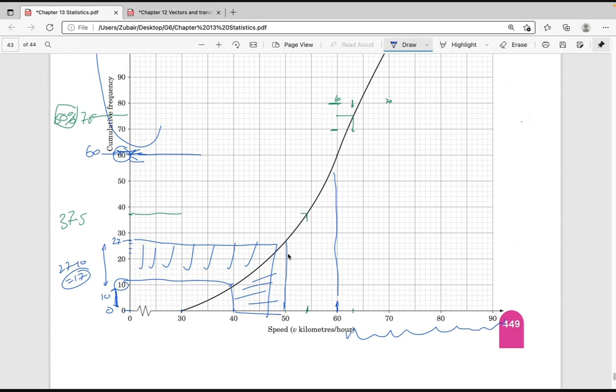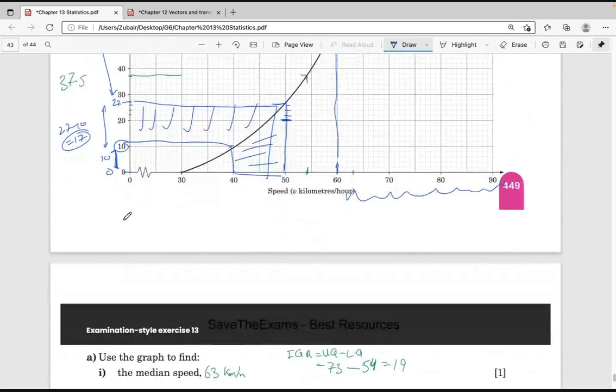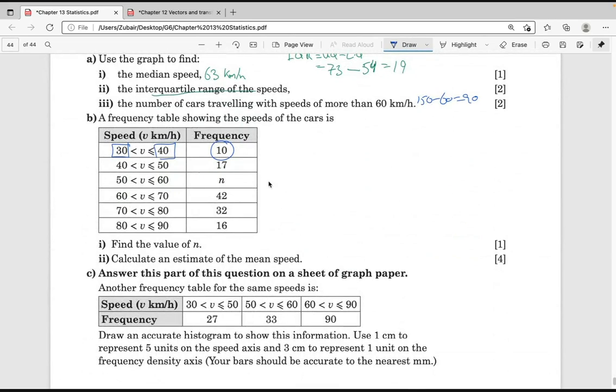So 20, this is 20. 1, 2, 3, 4, 5, 6, 7. So that's 27. So the difference between 60 and 27 is 33. Yes, sir. So n is equal to 33.